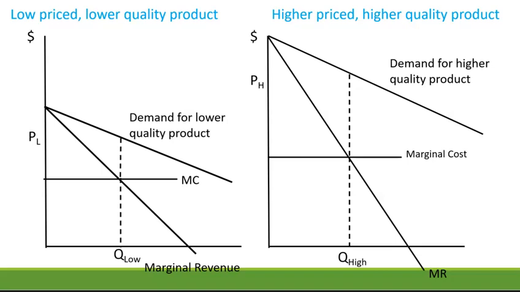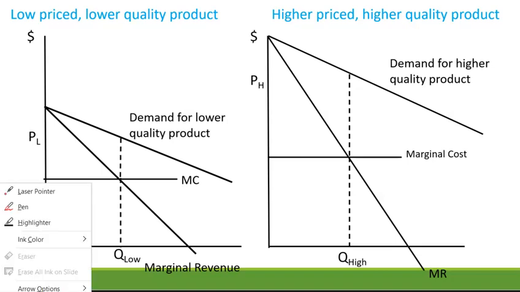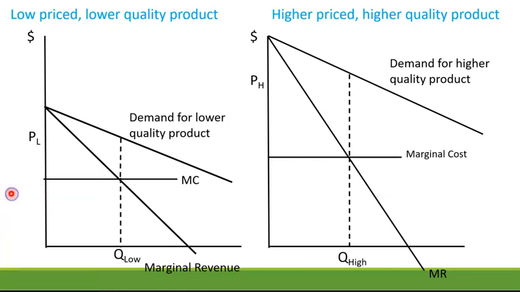I'm going to presume that, as usual, the firm knows what the demand for its product looks like so that it can set the optimal price in each case. So for the lower quality product, we're going to charge the price PL for low quality, and that's going to give us a certain profit contribution.